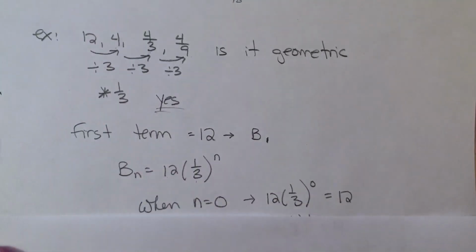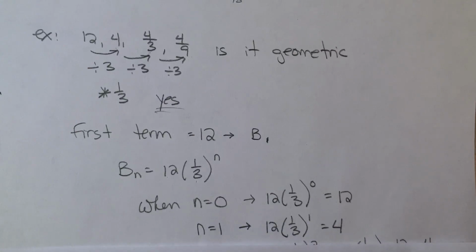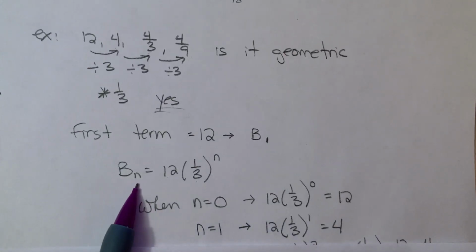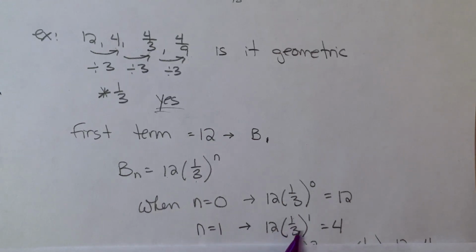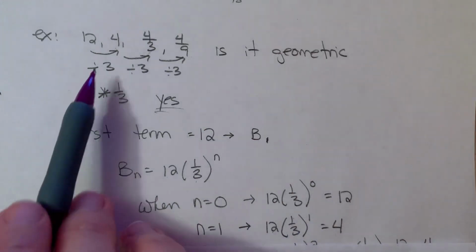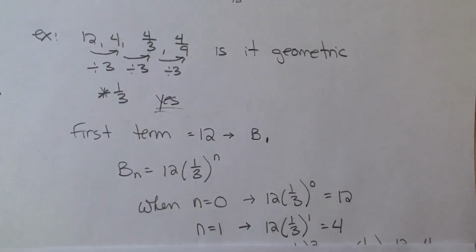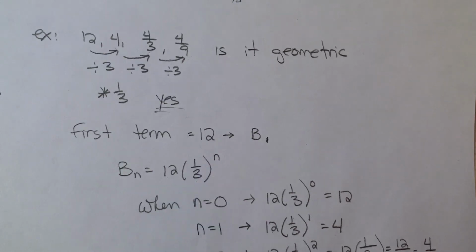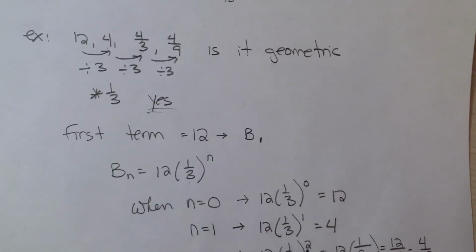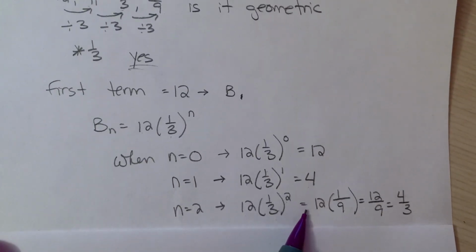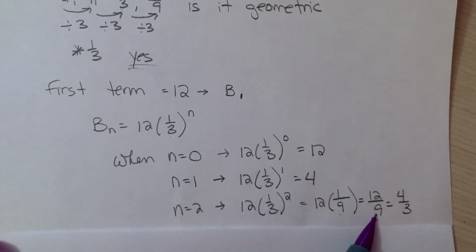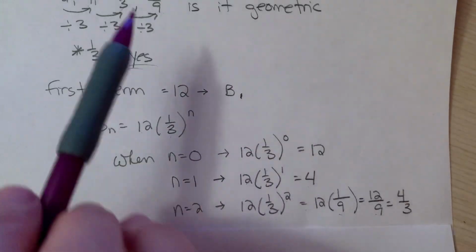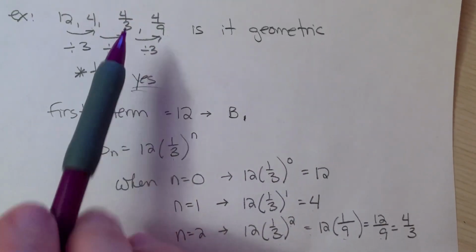That's my first term, so that works. If I substitute n equals 1 into this equation, I get 12 times 1/3 to the first power, which is 4, so that works. That's my second term. If I substitute n equals 2, I get 12 times 1/3 squared, which is 12 times 1/9, which is 12 over 9, the same as 4/3, my third term.